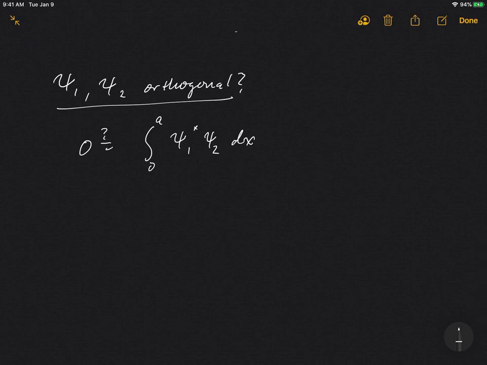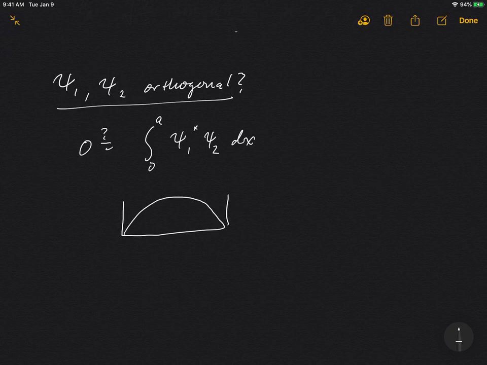And let's take a look at that. So we can look at this graphically. We know that psi 1 is a function that looks like this. Psi 2 is going to be a function that looks like this.